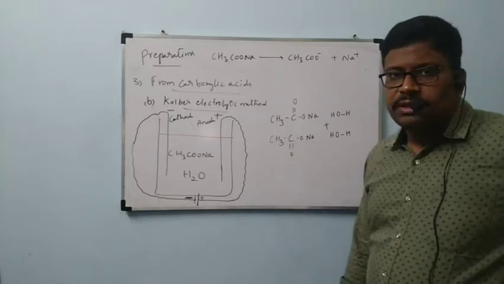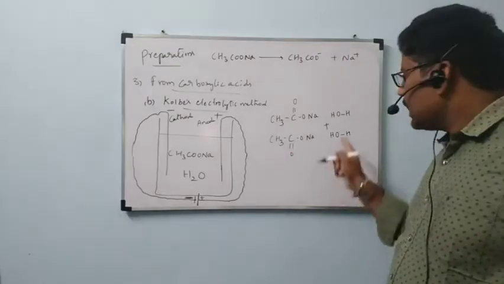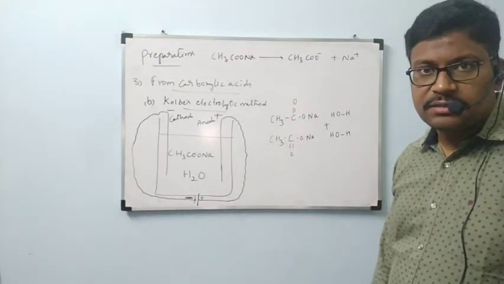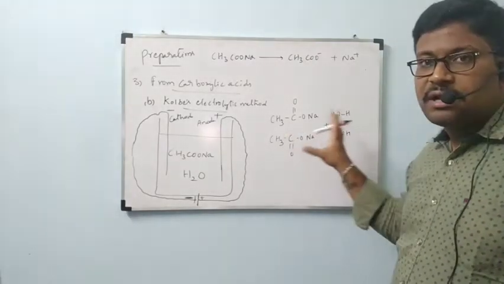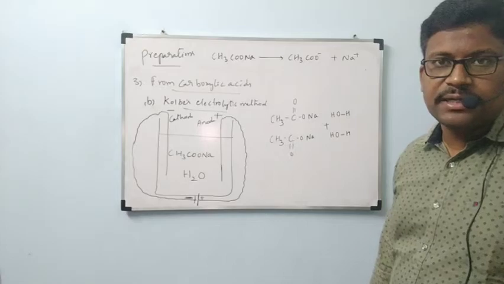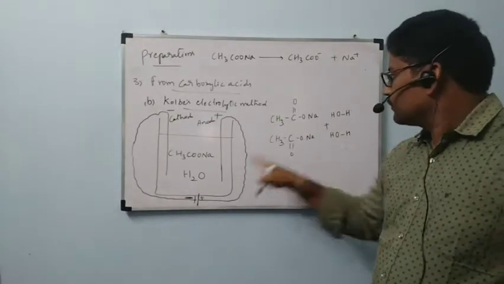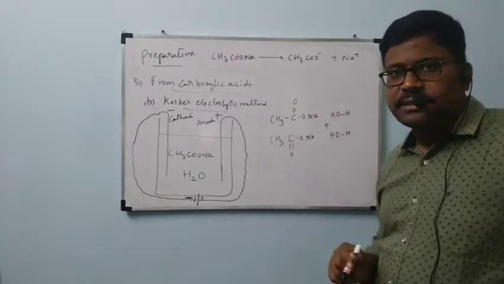The mechanism is also there, and I will explain that mechanism too. First, I am going to write the normal reaction roughly. See, water is present, and the sodium salt of ethanoic acid is present.